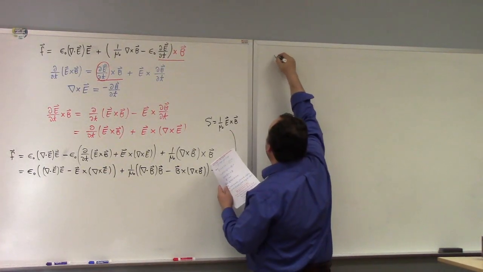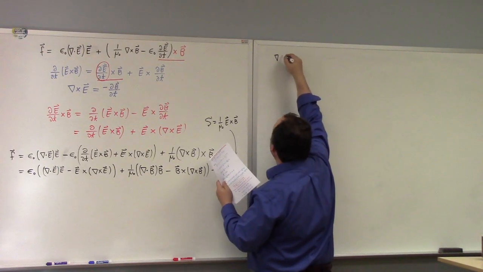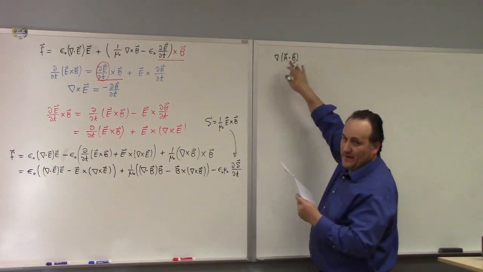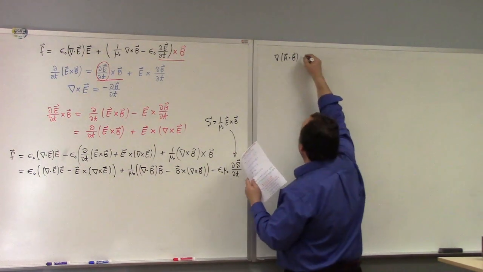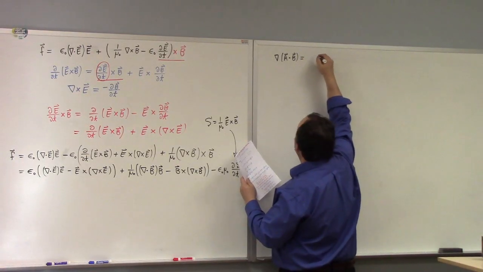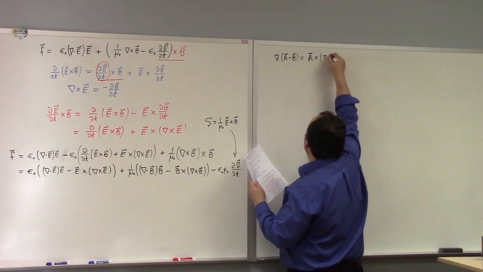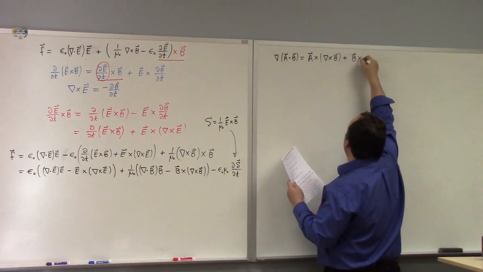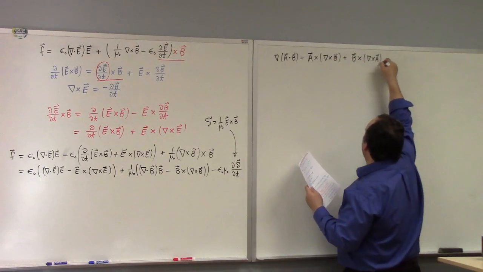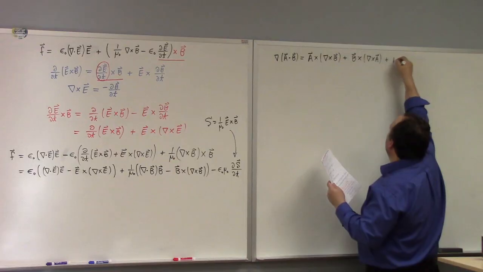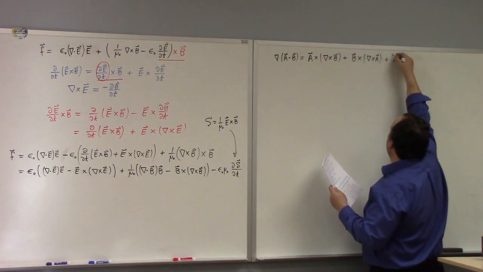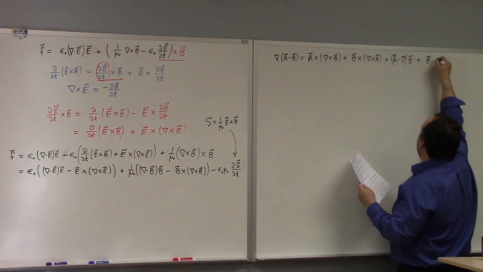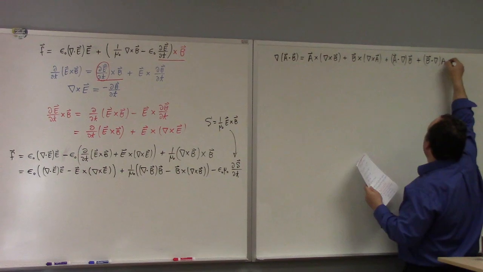Product identity number 4 on the front cover says that the gradient of the dot product of two vectors, this is not the magnetic field at the moment, this is just two vector fields A and B, is A cross the curl of B plus B cross the curl of A plus A dot nabla acting on B plus B dot nabla acting on A, of course.